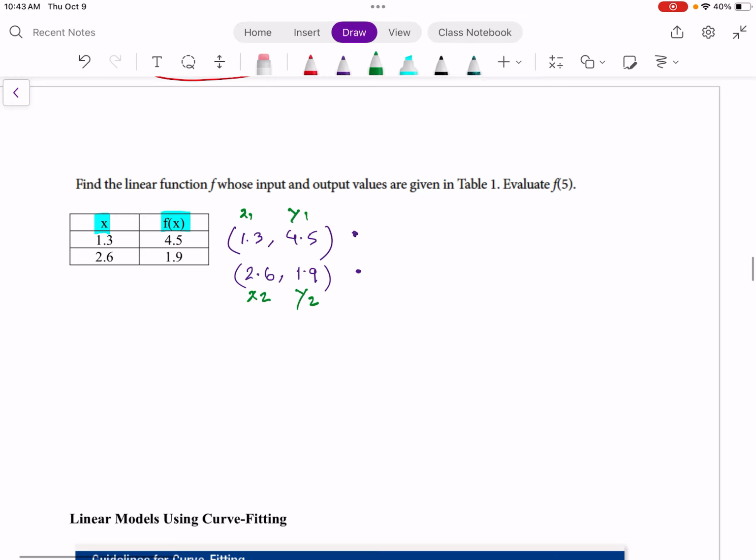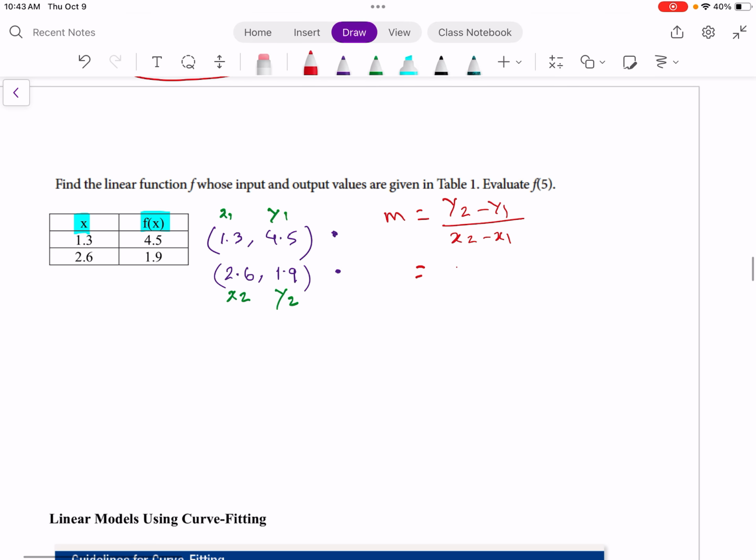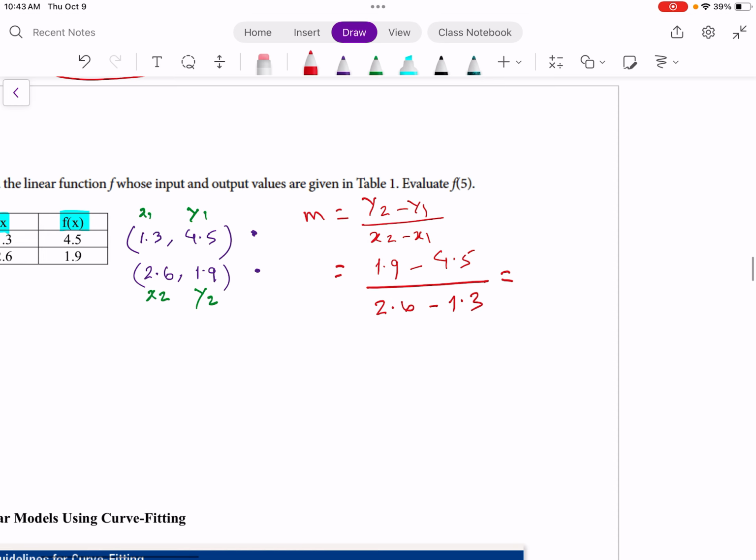Now let's find the slope. Our slope m is y2 minus y1 divided by x2 minus x1. Okay, now you substitute your y2, which is 1.9, minus y1, which is 4.5, divided by x2, which is 2.6, minus x1, which is 1.3. Now I need your help. So what is 1.9 minus 4.5?